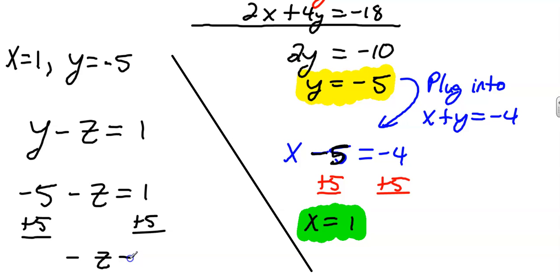Negative z is equal to 6, which means z is going to be -6. Okay, and there's our 3 solutions. And again, if we go for ordered triple, 1, -5, and -6.